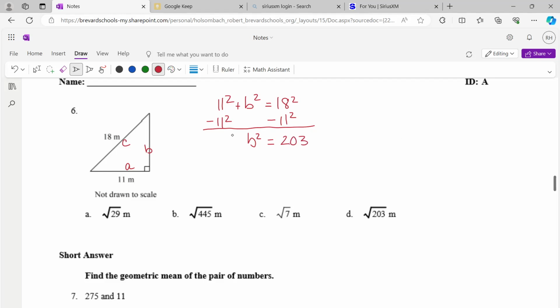We are going to square root both sides to eliminate the exponent. So the square root of b squared is equal to b, and that's equal to the square root of 203. If we glance through these answers, we don't need to go any further. It's right here. Answer choice D.